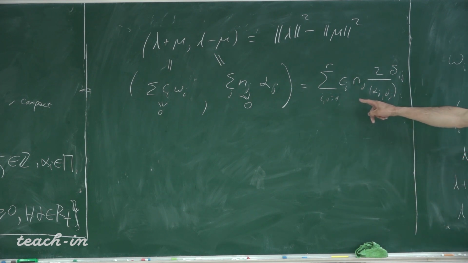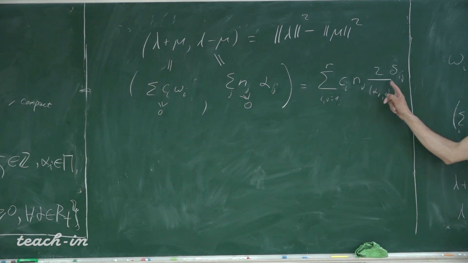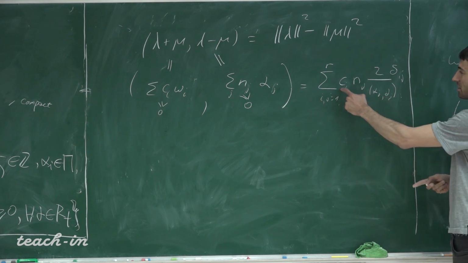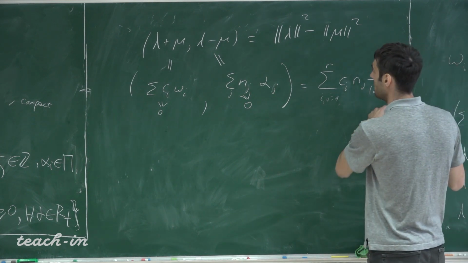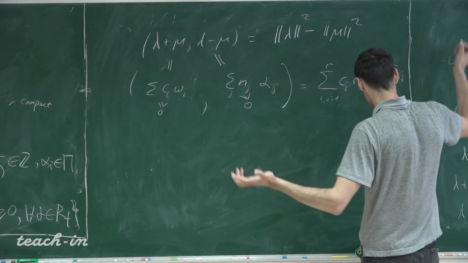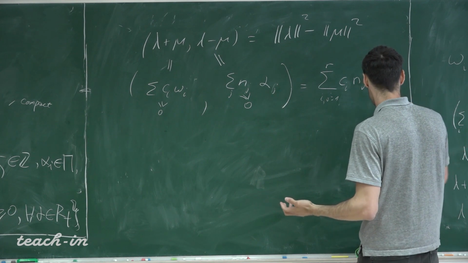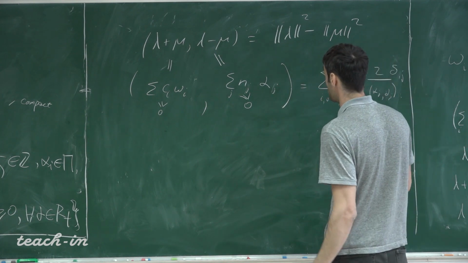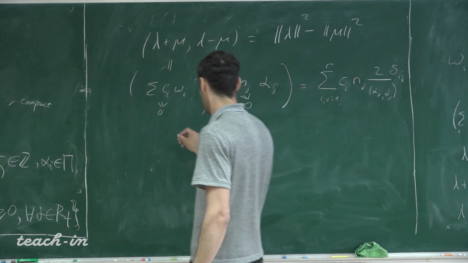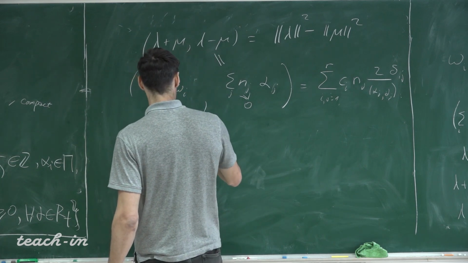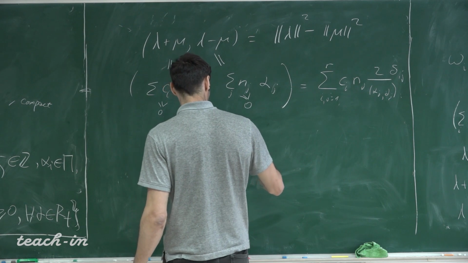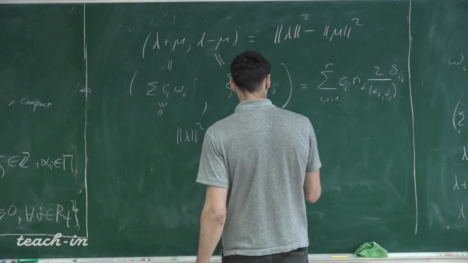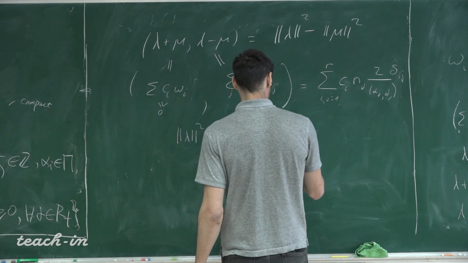This is a bunch of terms, but they're all positive. This is positive, this is positive, this is positive. So this is non-negative, I should rather say. Therefore, the square of lambda minus the square of mu is greater or equal than 0.